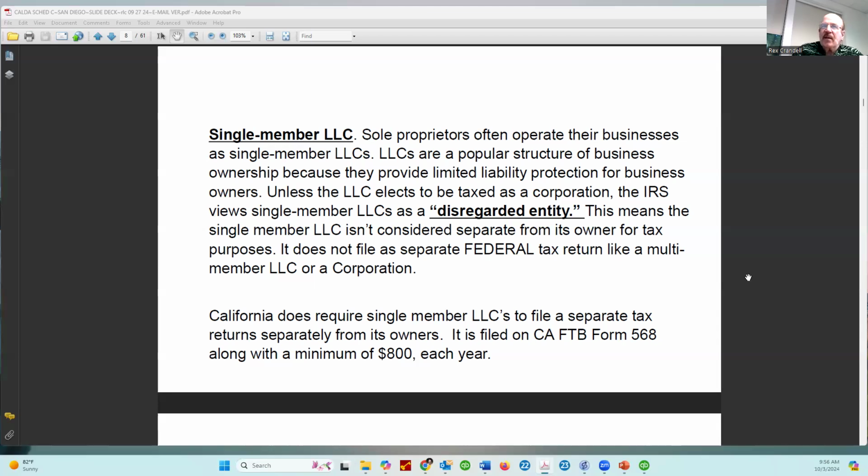California does require single member LLCs to file a separate tax return every year from its owners. It's filed on California FTB 568 along with the minimum annual fee of $800 each year.